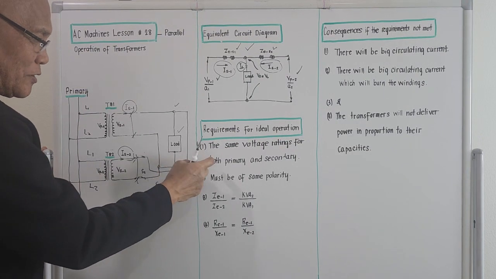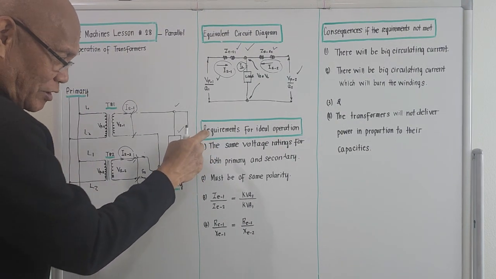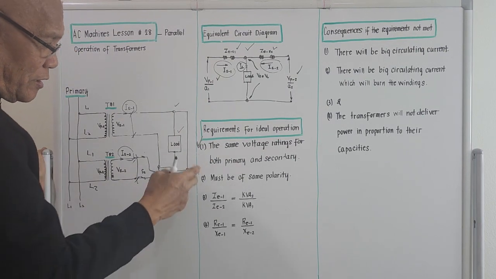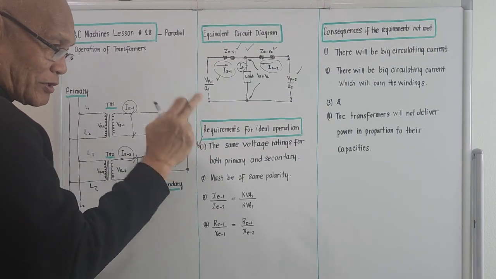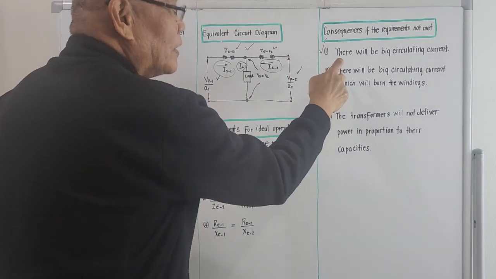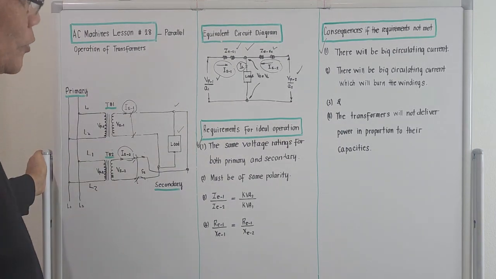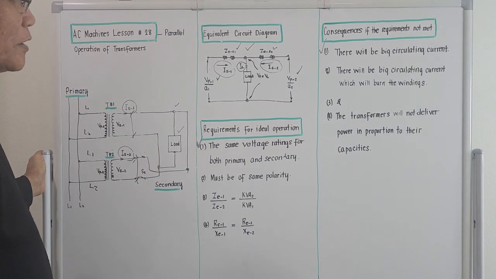What's the effect if requirement number 1 is not met? If requirement number 1 is not met, there will be a big circulating current. Why?